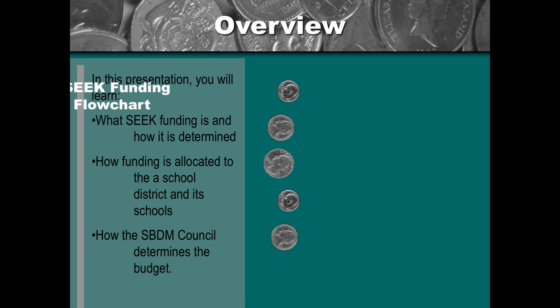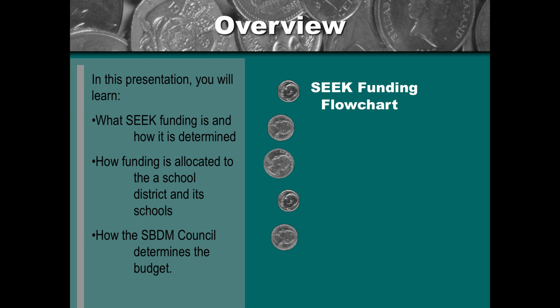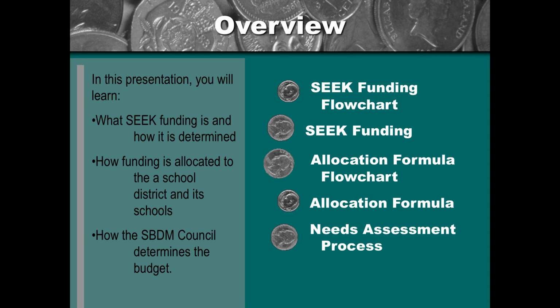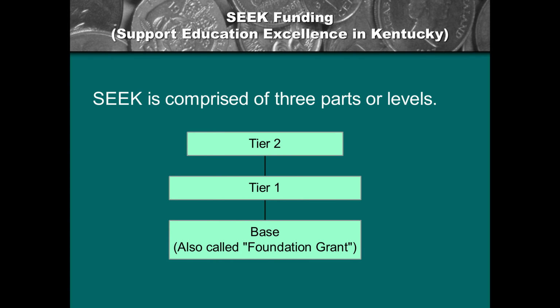And it really focuses on how funding flows and the allocation of funding, and then even the role of site-based councils and how the needs assessment process works at the district level. And so let's start with SEEK funding, as we've defined it, supporting education excellence in Kentucky.